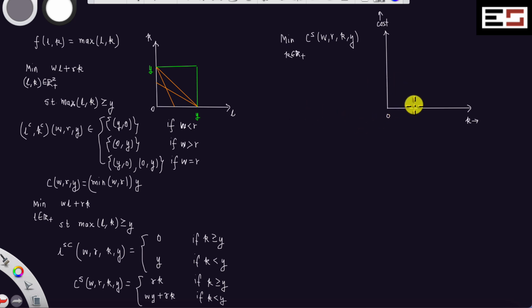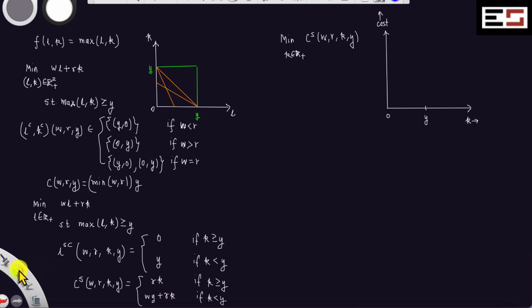So we are doing this for a given level of y. Okay, so let's fix y, because we'll have to compare capital with y, whether capital is greater than y or less than y. Depending on that, the cost will take this expression or this expression. So if capital is greater than or equal to y, then it is rk.